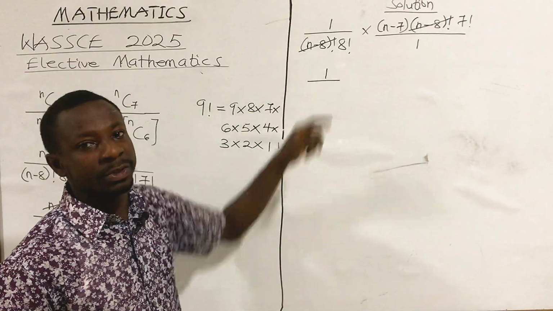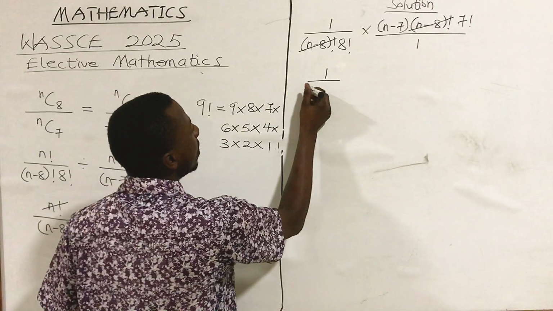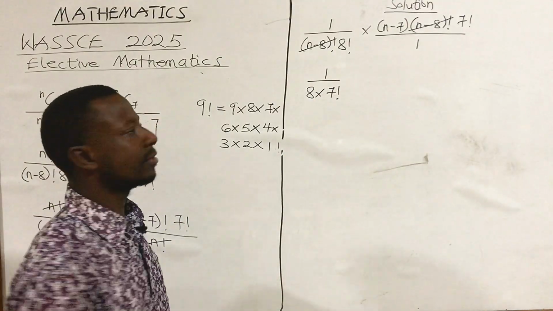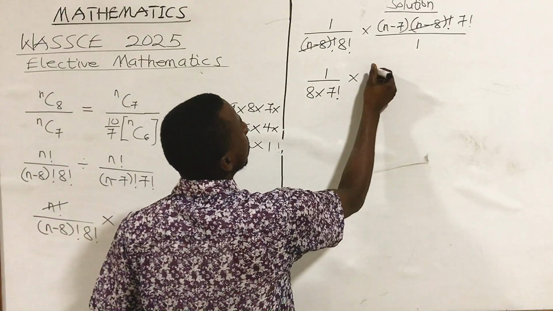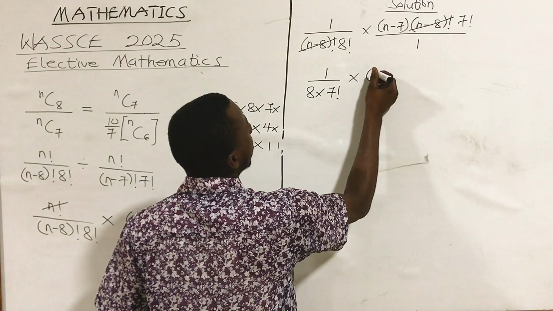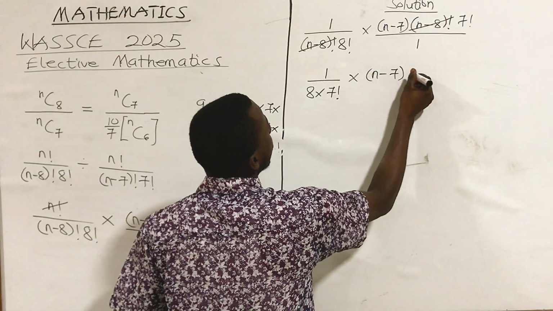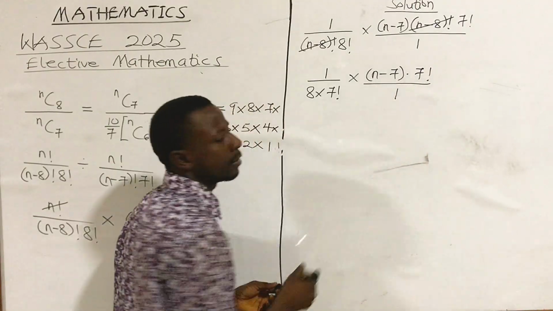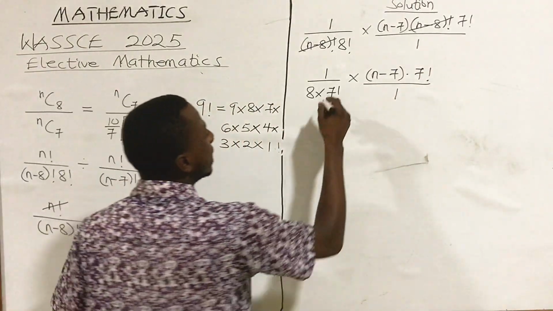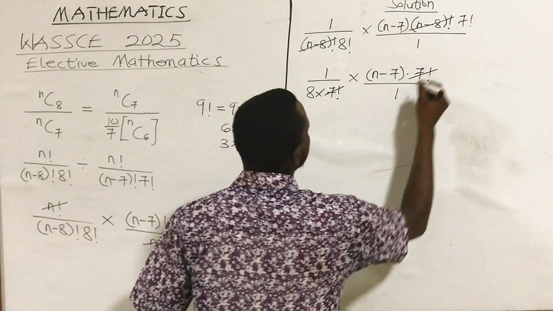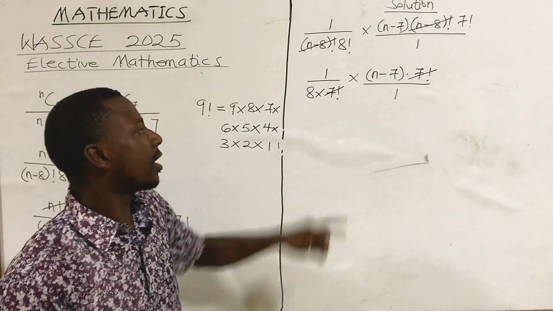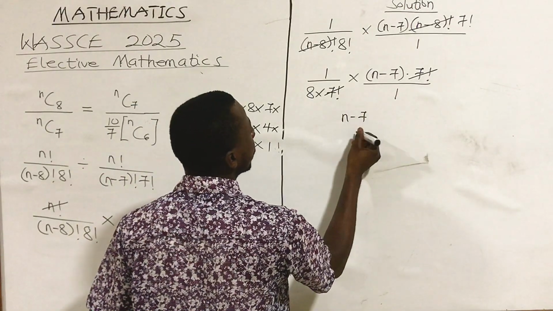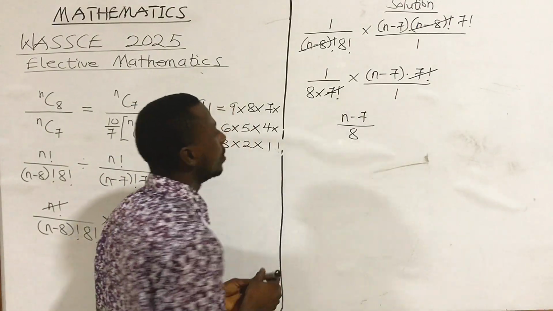But we know that 8 factorial is the same as 8 times 7 factorial, multiplying (n minus 7) multiplying 7 factorial all over 1. So this can also cancel this, and it will be left with 1 times (n minus 7). We still have (n minus 7) over 8.